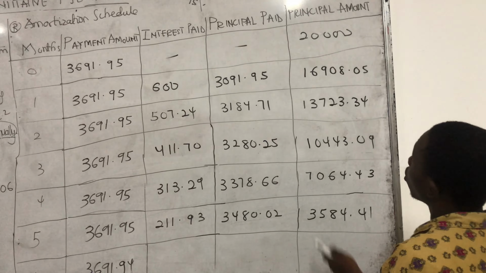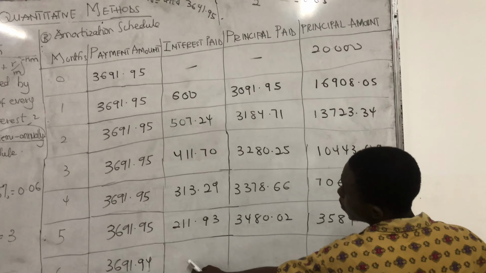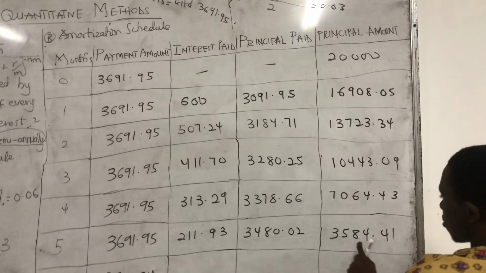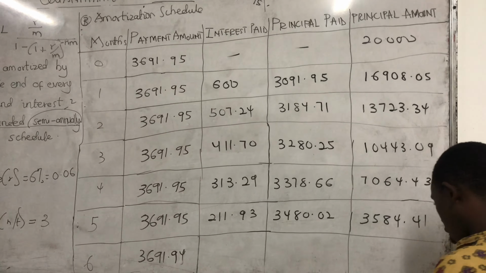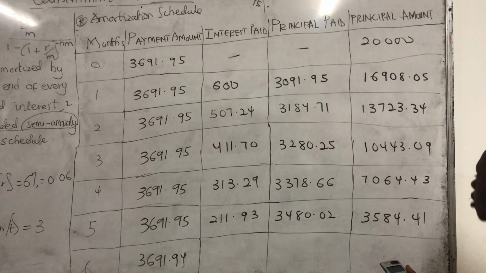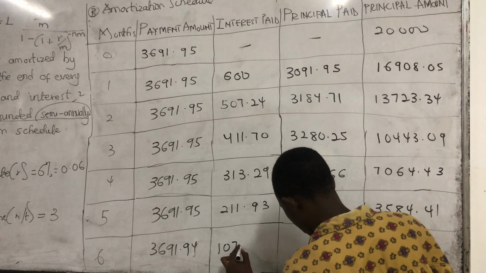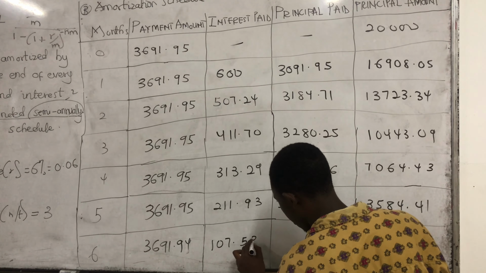Now we want to find the interest paid for the 6th month. So 0.03 times 3584.41, you get 107.53.